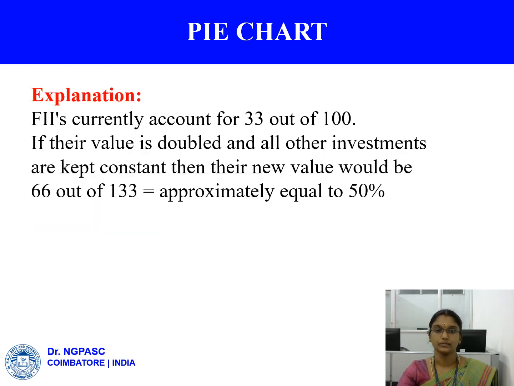See the solution: FII accounts for 33 out of 100, so the total is 66%. So 66 out of 100 plus 33 is 133. So 66 divided by 133 is approximately equal to 50%.